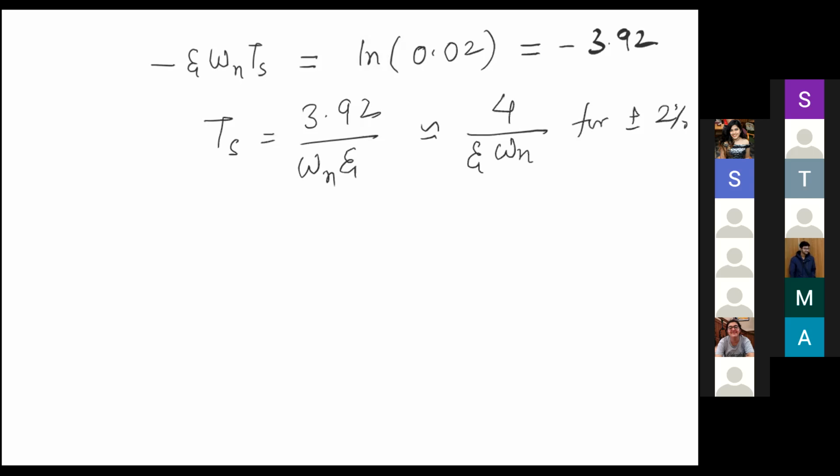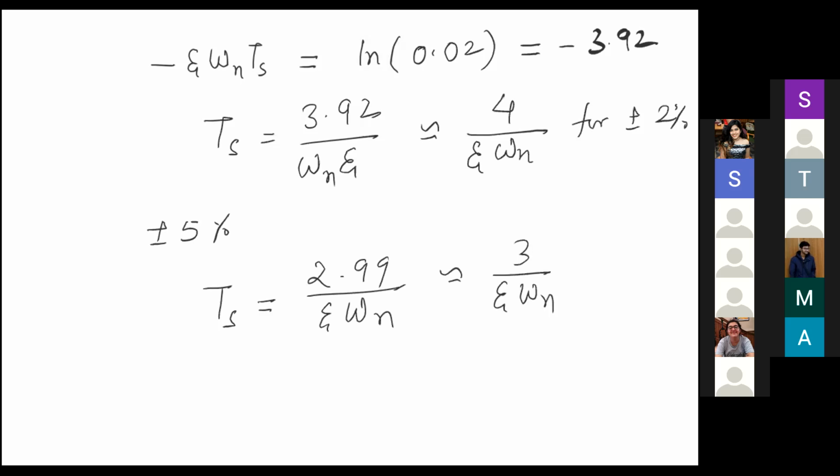Similarly, if we solve it for plus minus 5%, that is 95%, we find settling time is nothing but 2.99 upon zeta into omega n, and that is equivalent to 3 upon zeta into omega n, where the time constant T is 1 by zeta into omega n.